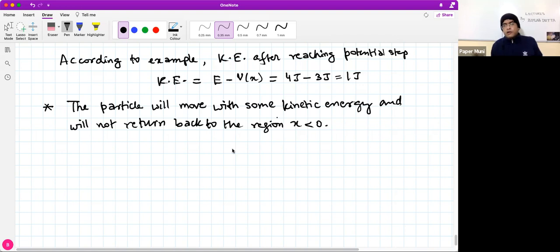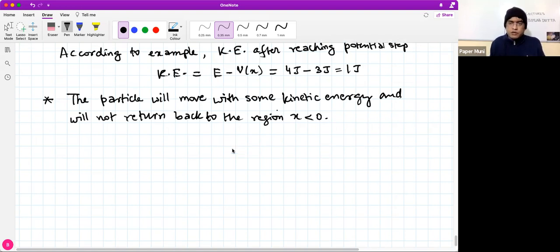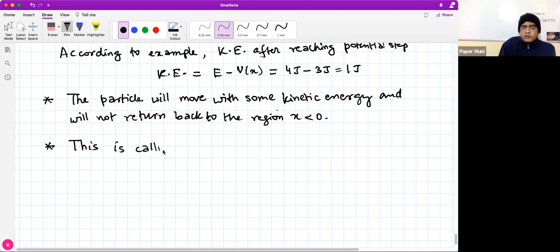It will not come back from where it came from. It will keep moving forward. This thing which is happening here is called transmission. The particle is getting transmitted.